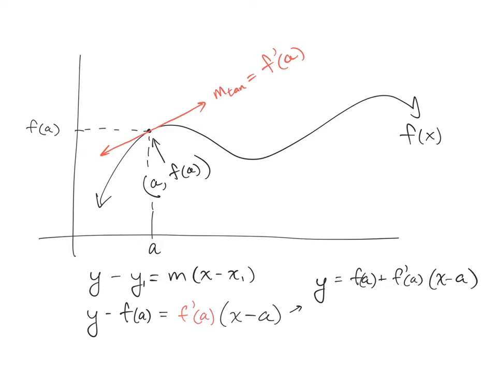So the linearization is strongly related to finding the slope of the tangent line. There are some differences that we will get into a little bit later, but this is something that you pretty much already know how to do. It's just now we don't call this y, we call it L of x.